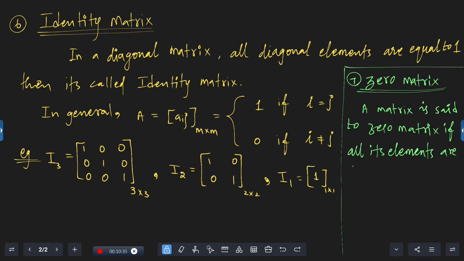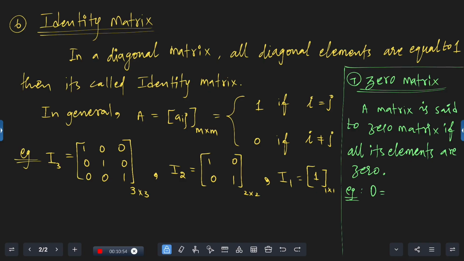Okay, all elements are 0. That's it. Very important note: a zero matrix need not be a square matrix. Example, I'll give the example first, then the note. The zero matrix we can denote by O.